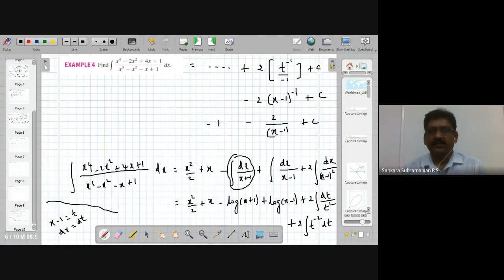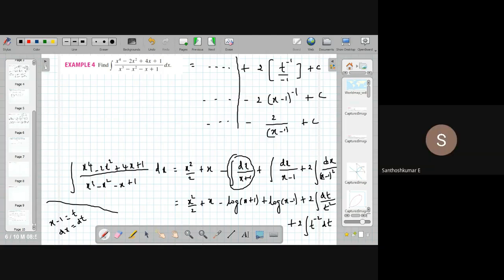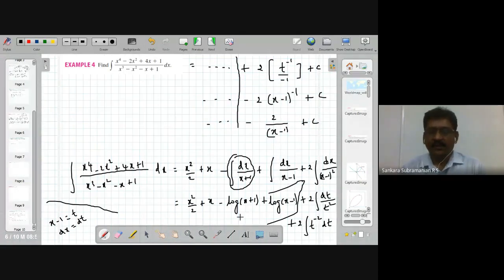So the rest of the terms are repeated, and this completes the answer. If you want to make log of a minus log of b, you can do it, or you can leave it. Shall we go to the next case?